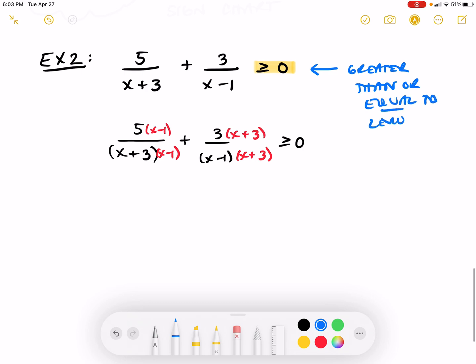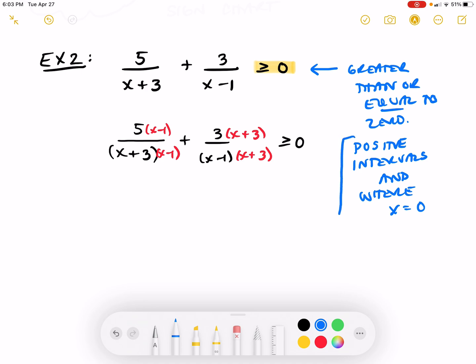And I know that might seem pretty obvious, but what that means is we need to give all the positive intervals, and we need to give where x equals 0. So this is what we need to state in our solution, are all of the positive intervals and where x equals 0 because of that extra equal to right there.